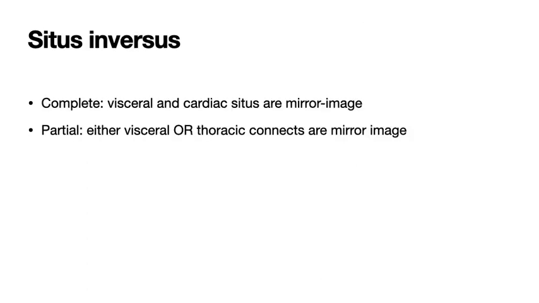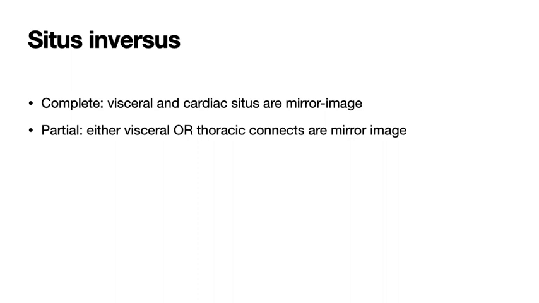All right, situs inversus. Situs inversus is really just a total mirror image of everything, chest-wise, abdominal-wise. So complete situs inversus is where everything in the abdomen is exactly backwards and everything in the chest is exactly backwards.